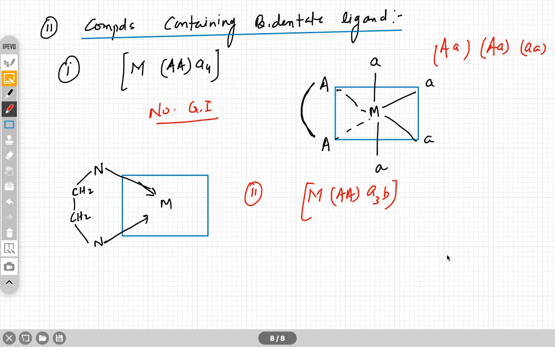Understood, Aditya? Geometrical isomers are possible with the relative position, no?